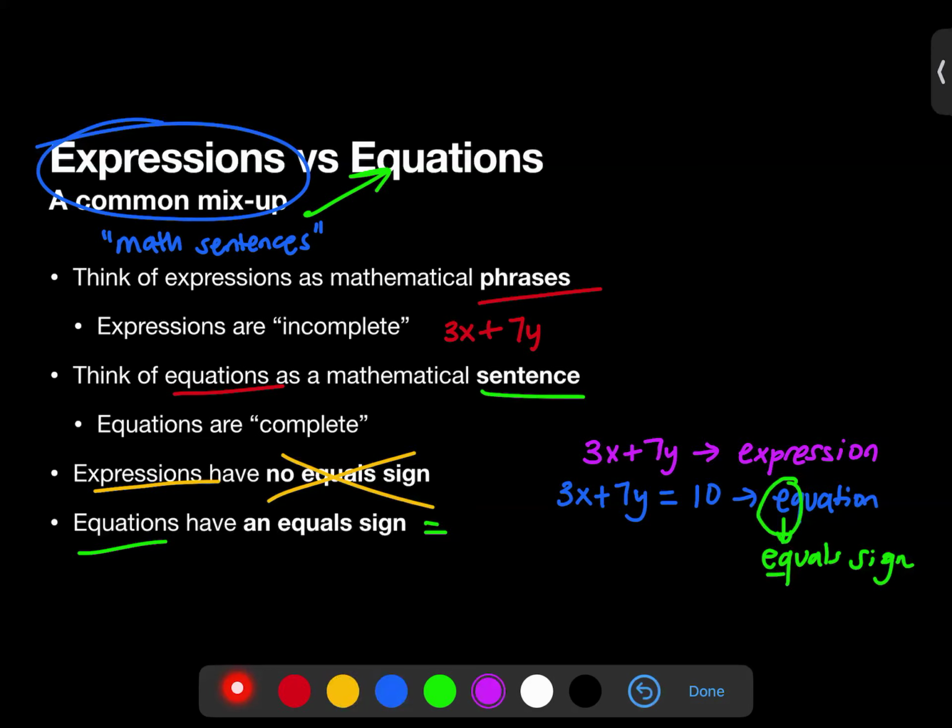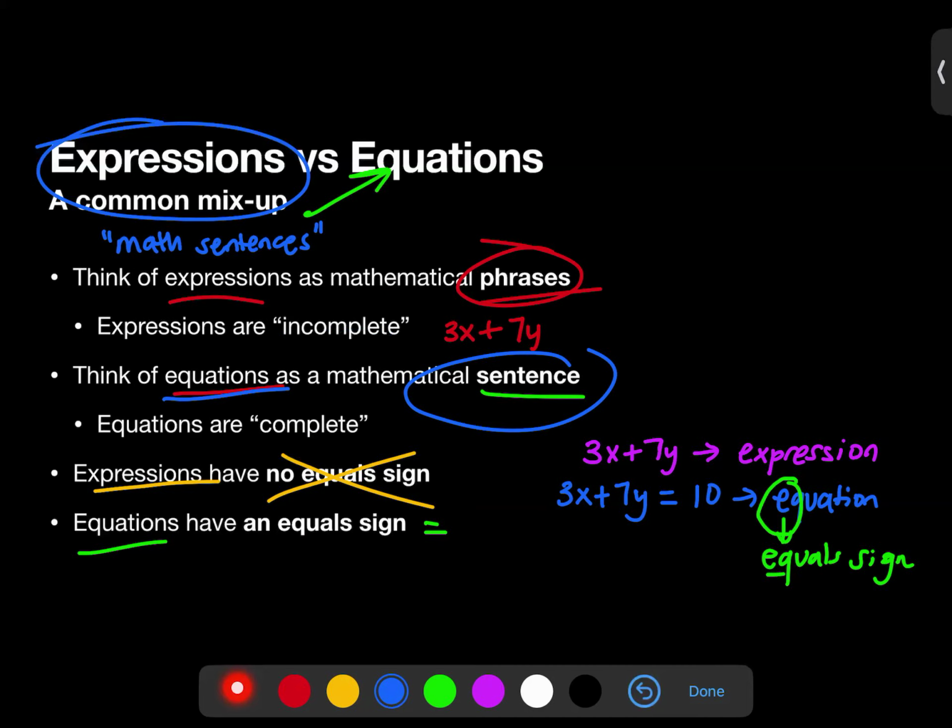So from here on, you can think of expressions as phrases and equations as sentences. Phrases are incomplete and sentences are complete.